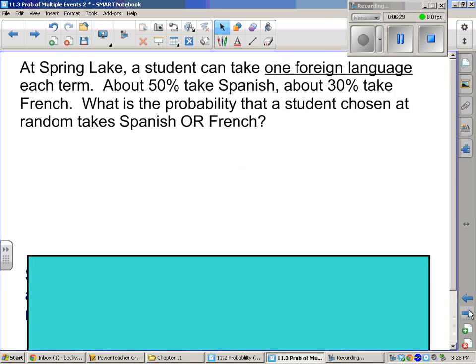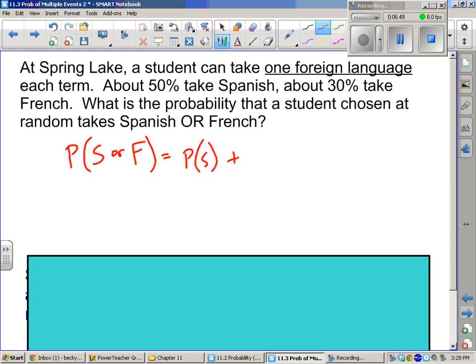At Spring Lake, a student can take one foreign language class each term. About 50% take Spanish, 30% of students take French. What is the probability that a student chosen at random takes Spanish or French? So our handy dandy formula says that we can take the individual probabilities and add them together, and then subtract the overlap.